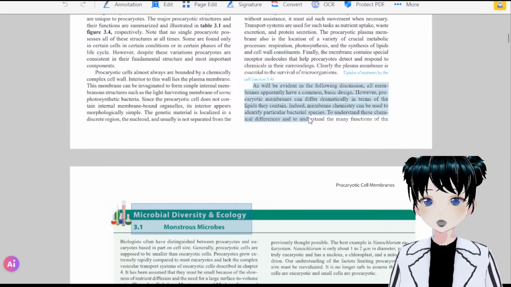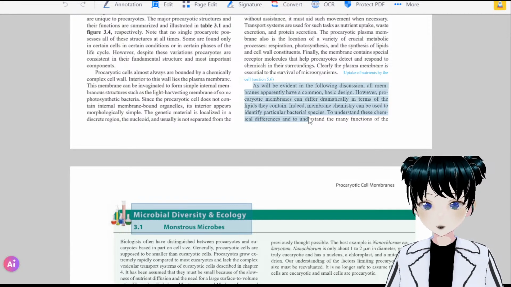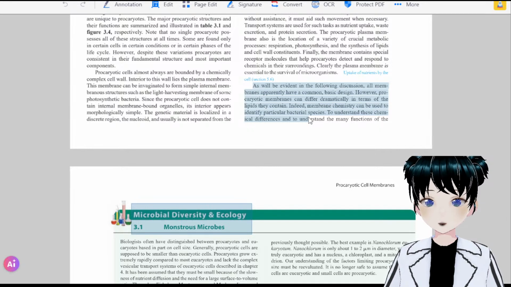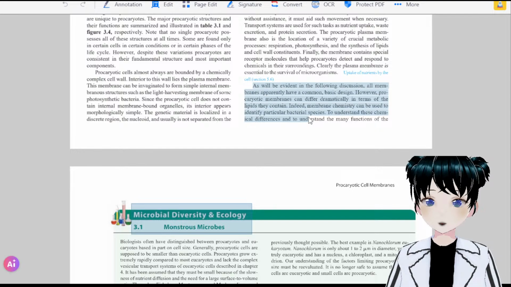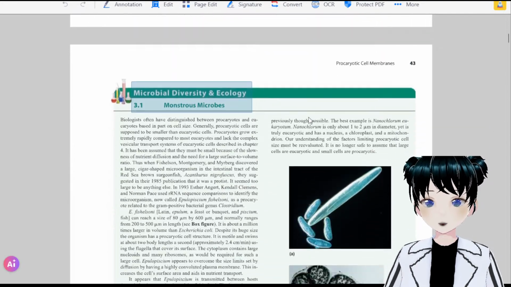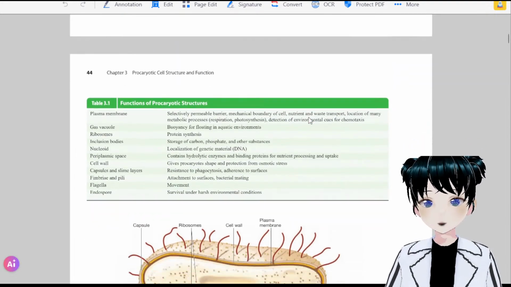So the cell membrane is important in all cells, but prokaryotic cells depend on it even more.